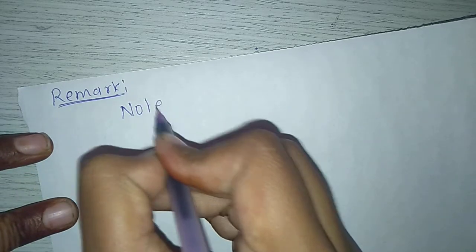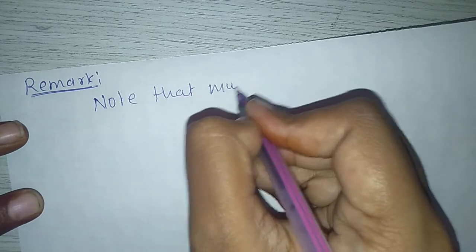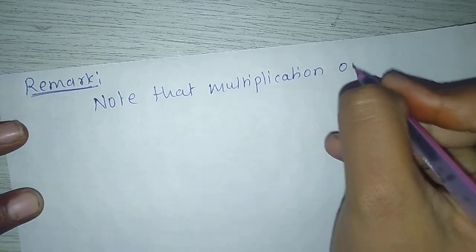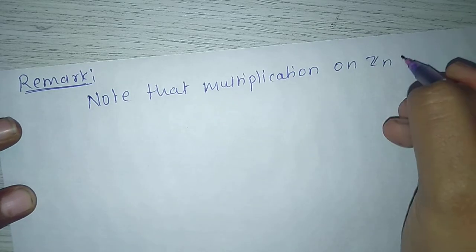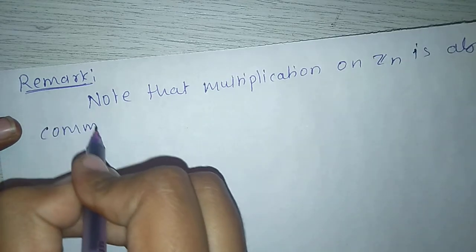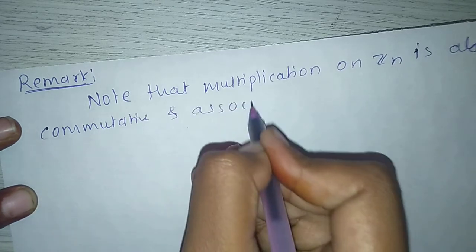Therefore here we can see, note that multiplication on Zn is also commutative and associative.